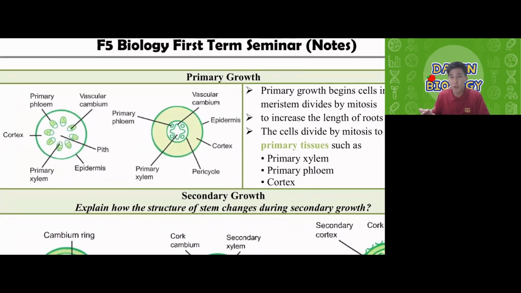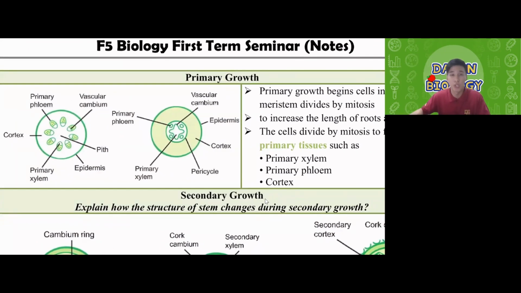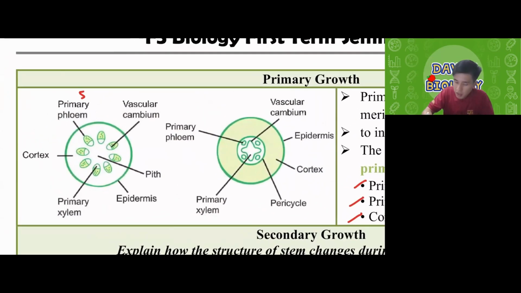Since it's only primary growth, they have very basic tissue only, which is primary xylem, phloem, and cortex. Because they are still young, they don't produce a lot of specific complicated tissue. So only basic xylem, basic phloem, and cortex. So this is stem, and this is the root. This one you all should know already.